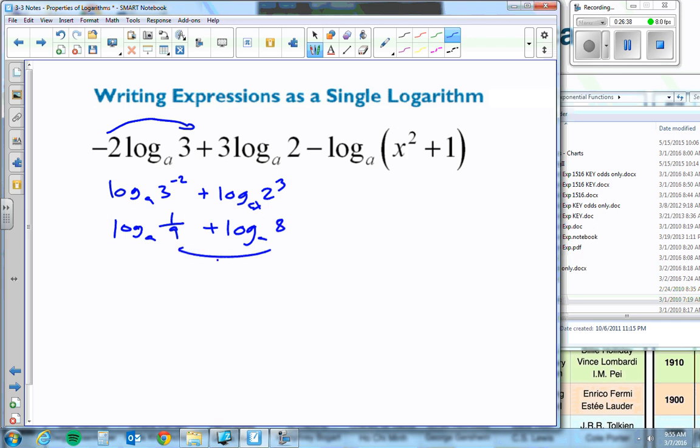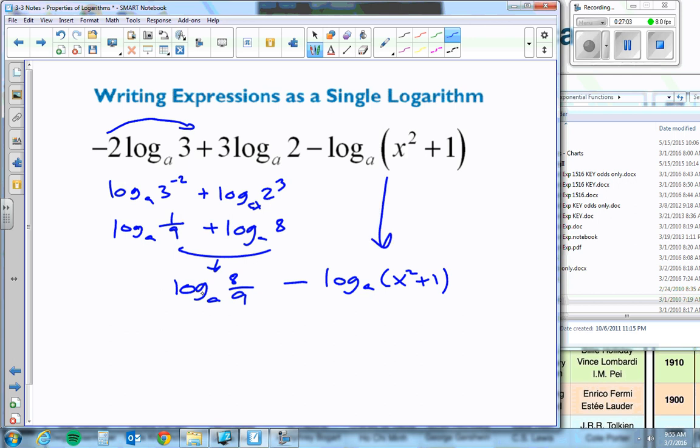And then you do the product rule. What's 1/9 times 8? 8/9. Once again, mentally, you can do it like that if you want. Or it's just 8 times 1/9 is 8/9. And then finally, it's minus this other part that was sitting there waiting.